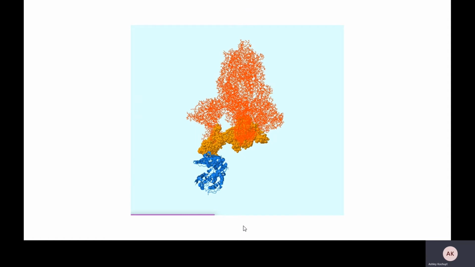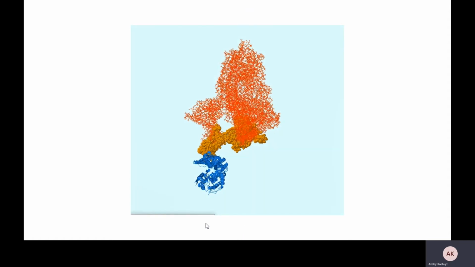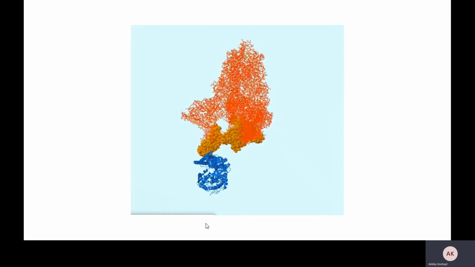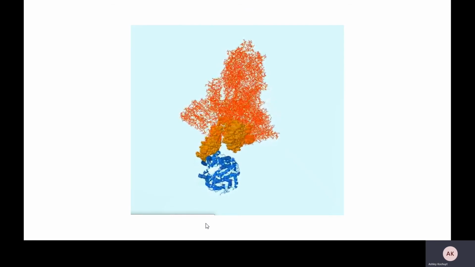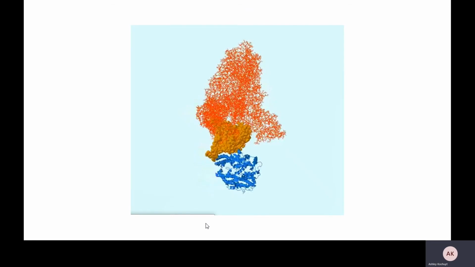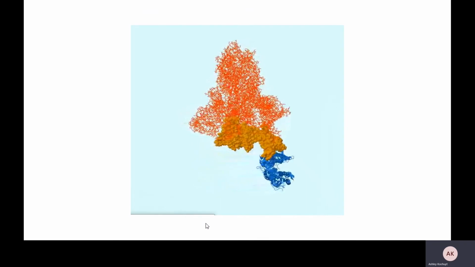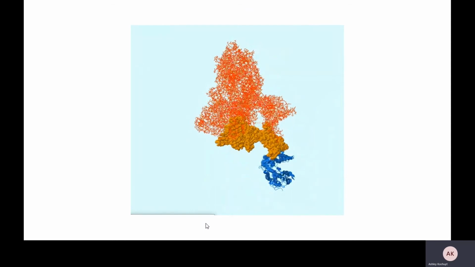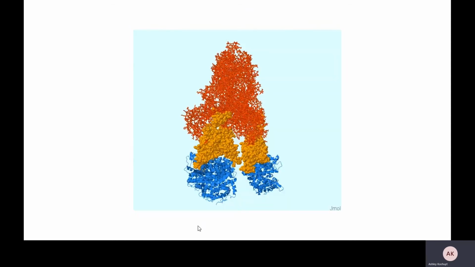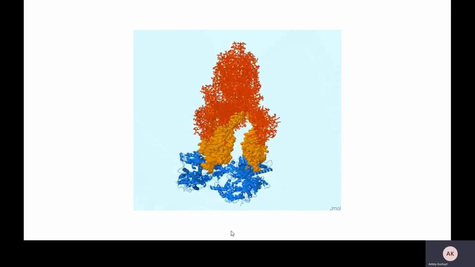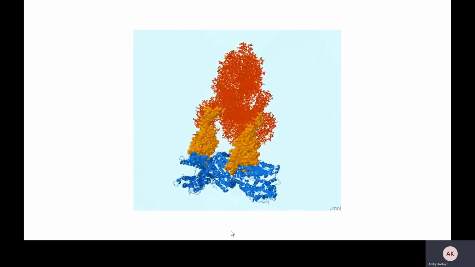This is what the spike glycoprotein looks like as it is attached to one ACE2. Once one ACE2 is bound to the spike protein, a second receptor binding domain will open and attach to an ACE2, followed by a third. This image shows the spike protein fully bound to the cell membrane via ACE2.